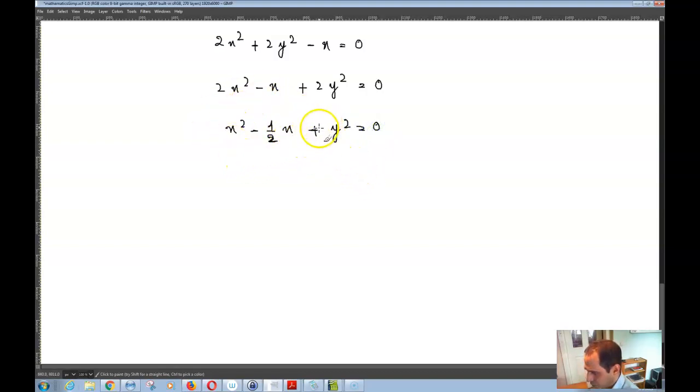And what you can do here is first rewrite this first part over here.